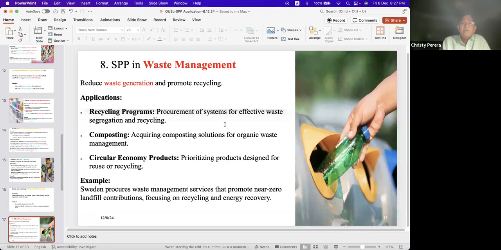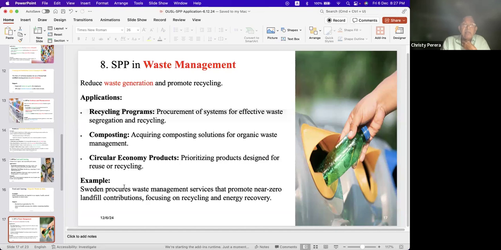Recycling program, procurement of systems for effective waste segregation and recycling, acquiring composting solutions for organic waste management, circular economy products, prioritizing products designed for reuse or recycling. Example given, Sweden procures waste management services that promote near zero landfill contributions, focusing on recycling and energy recovery.